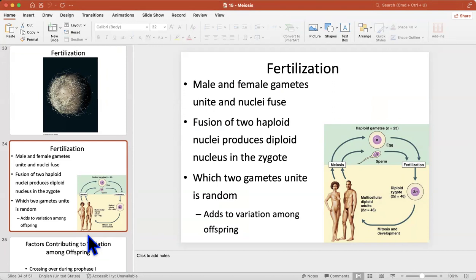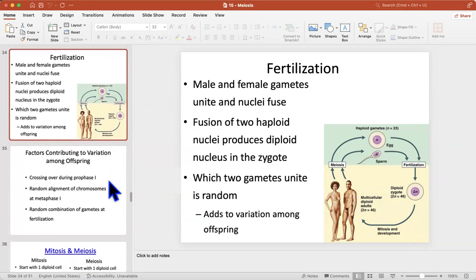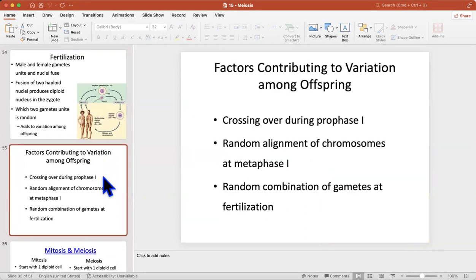And because of the random divisions and the crossing over, those gametes' DNAs are not exactly the same, which increases the diversity. And that's sexual reproduction, the purpose being to increase the diversity.